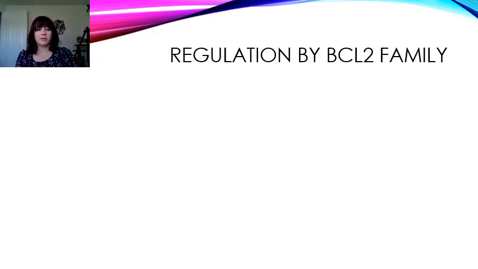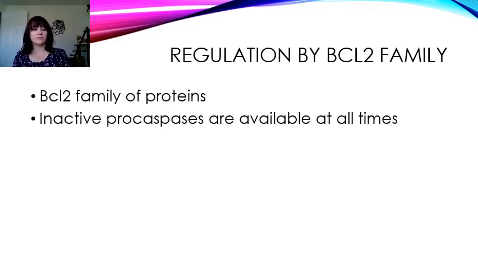There's a family of proteins called the BCL2 family. And these are the proteins that activate these caspases. So again, these pro-caspases are just hanging around at constant levels. It's just that they are not yet active unless they get cleaved.